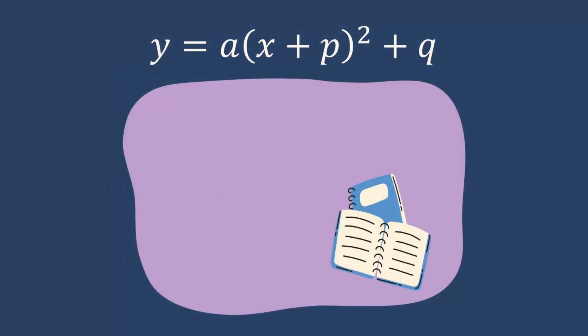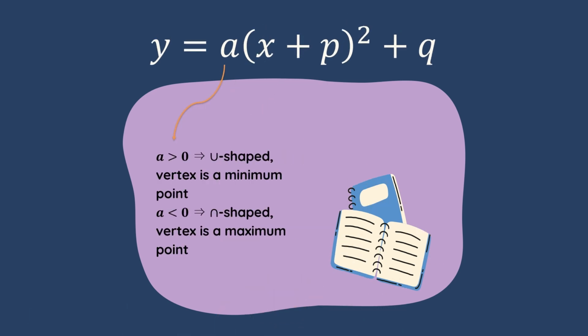To make it easier to sketch a graph of a function, you need to complete the square of a quadratic equation. After we get this form, you will know whether the equation has a minimum point or maximum point by deciding whether the a, or the coefficient of x squared, is greater than 0 or less than 0.